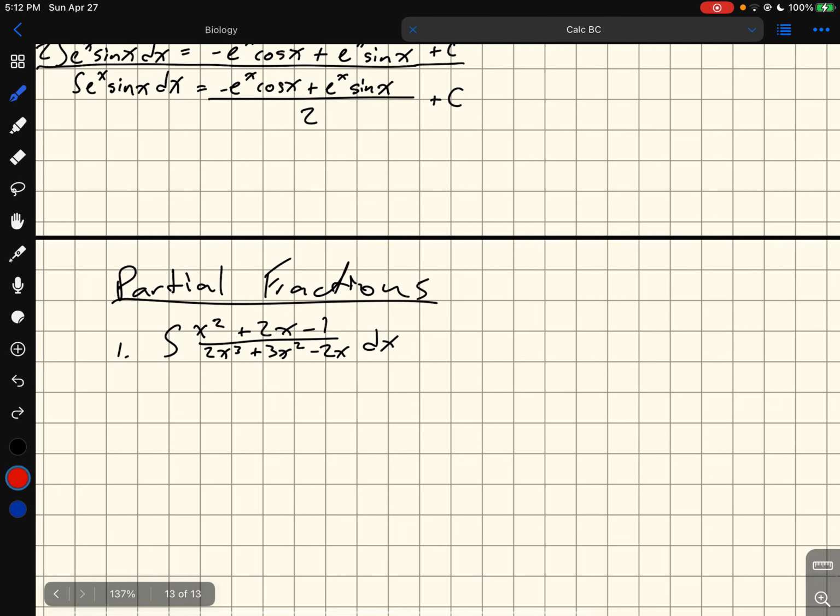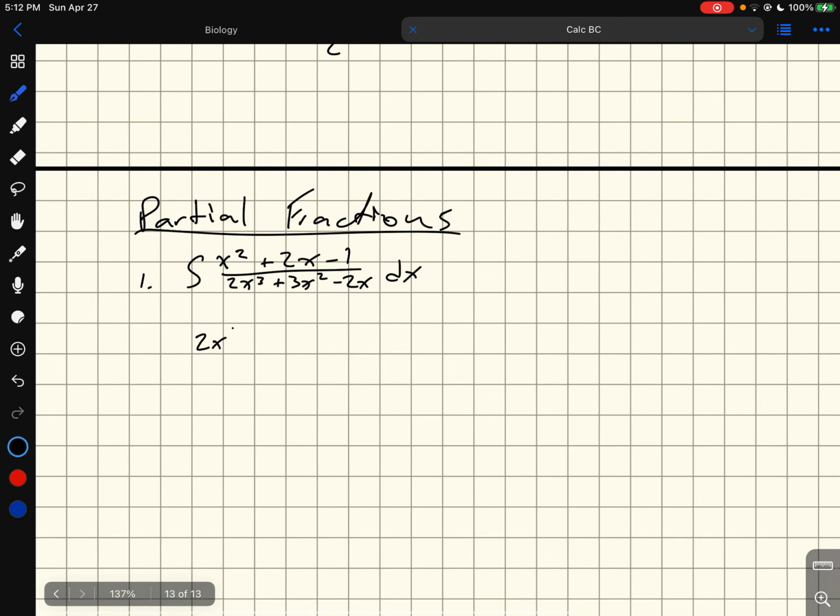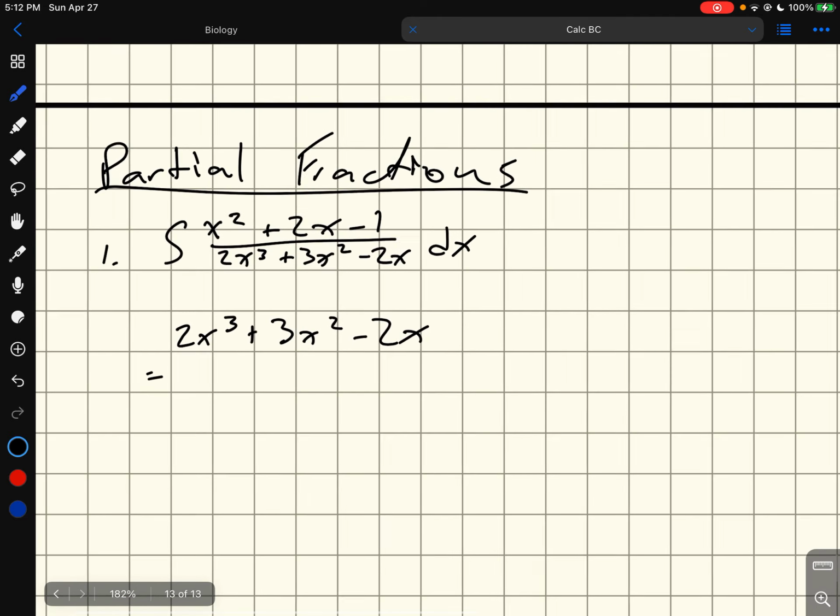Okay, so I'll label the steps as we go. Factor denominator. So we have 2x cubed plus 3x squared minus 2x. This is equal to, we can take out an x from these.